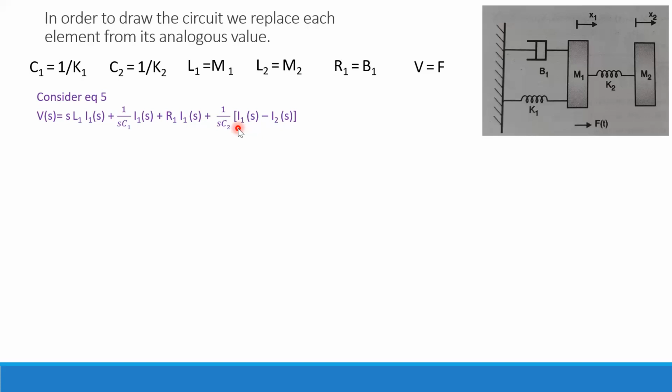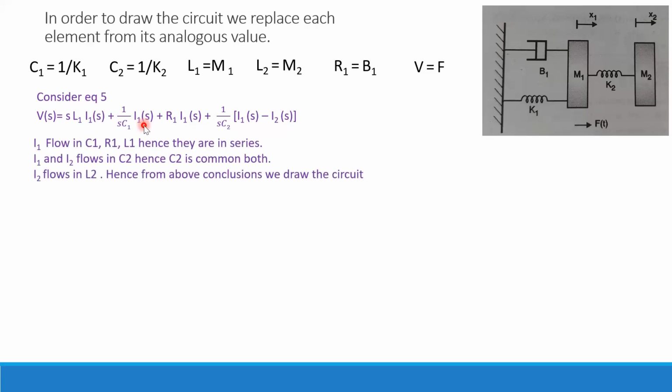So my inductance 1, capacitance 1 and resistance 1, because they have I common, they are in series because this is force-voltage analogy, and hence I1 is flowing through C1, R1 and L1, hence they are in series.